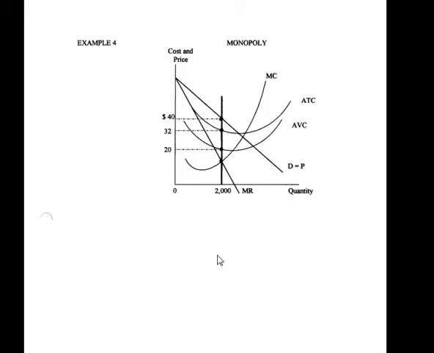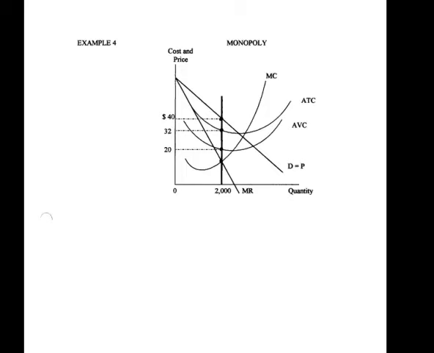So from there you can calculate total revenue. Total revenue is always price times quantity. In this case, the price is $40 and the quantity is 2,000. So 40 times 2,000 is 80,000. And then you've got total cost.